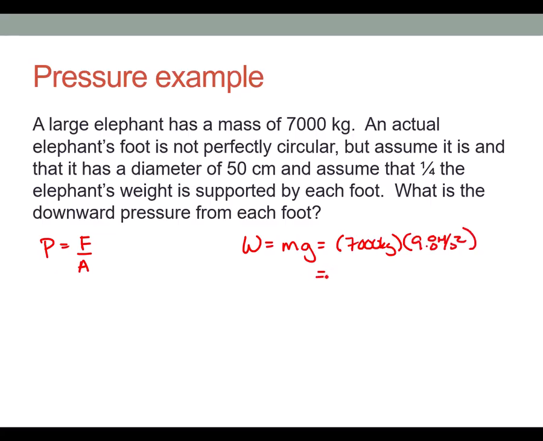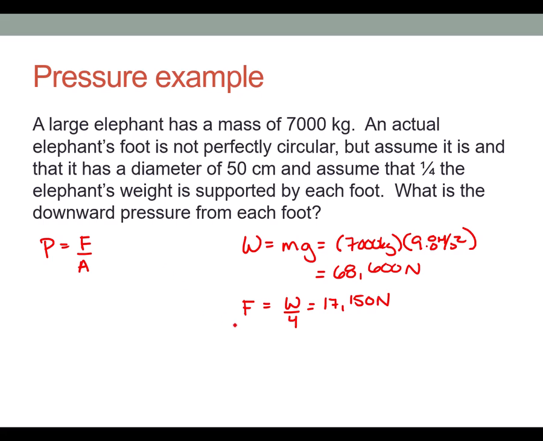So this very large elephant has a weight of 68,600 newtons. Okay, but one foot only takes 1/4 of the weight. So the force for a foot is going to be the weight divided by 4. And if you divide that out, you get 17,150 newtons.